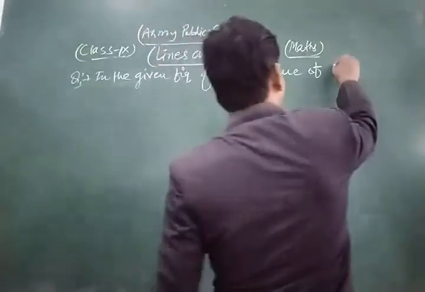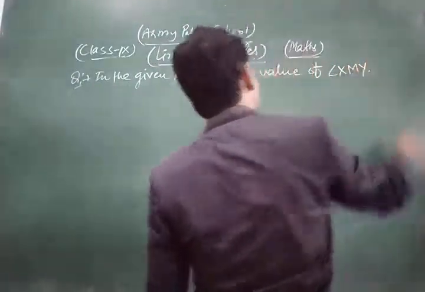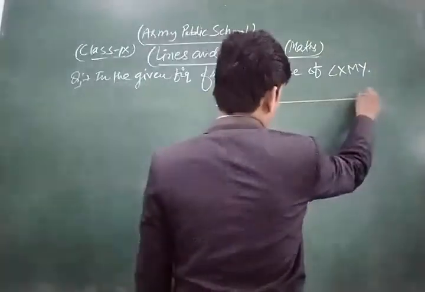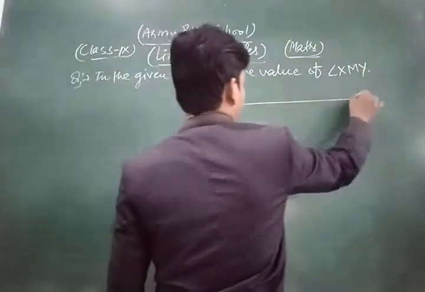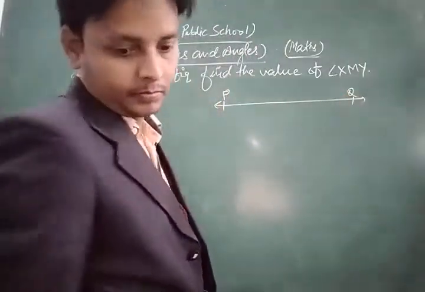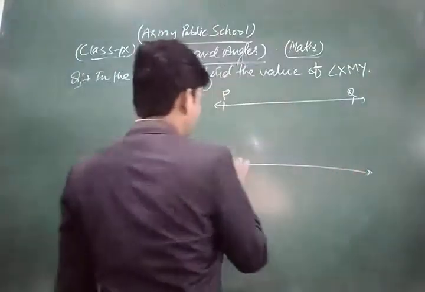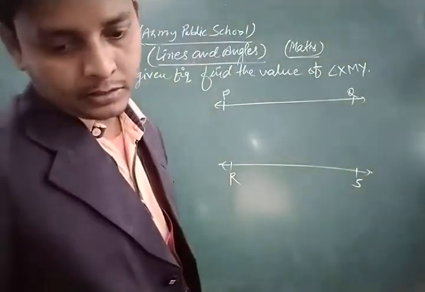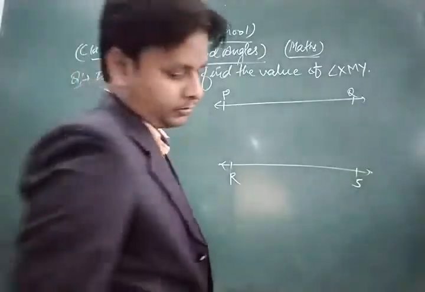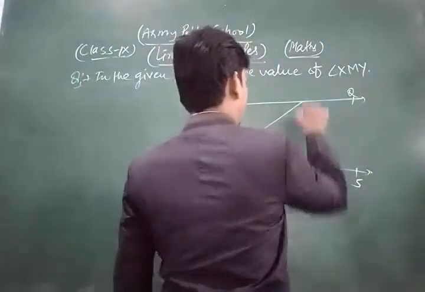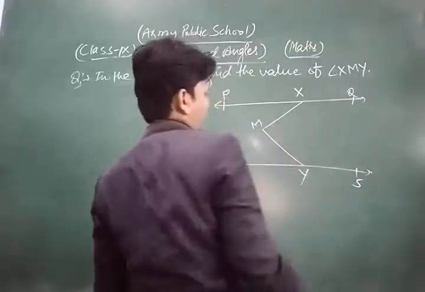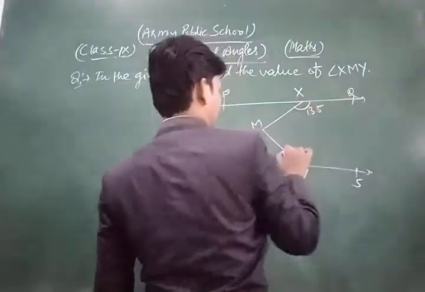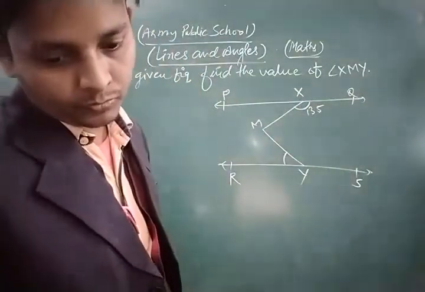Your figure is: PQ and RS are two parallel lines, and this is x and y. This is 135 degrees and this is 40 degrees.